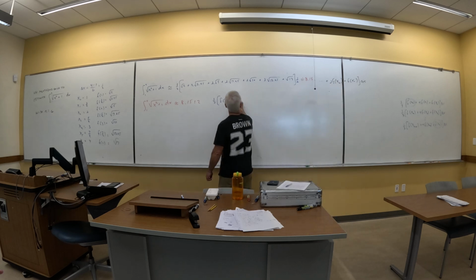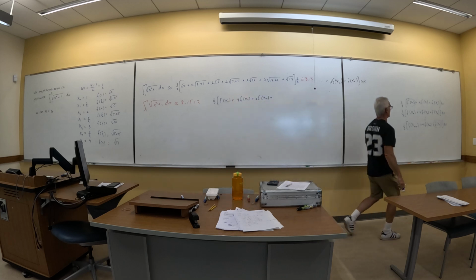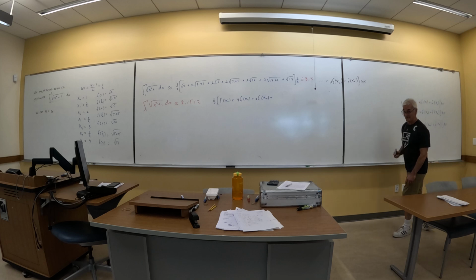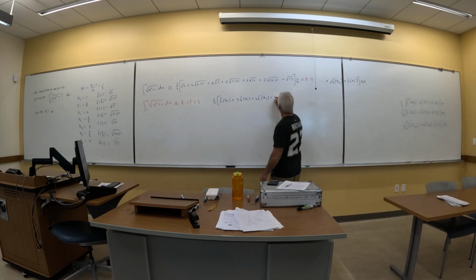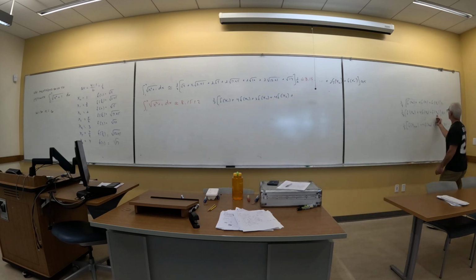It happens 4 times. Sorry about that. Then f of x2 happens 2 times, doesn't it? Now what about f of x3? 4 times. And do you notice anything about the coefficients? Then the next one is going to be f of x4 starting over, so it's going to happen 2 times.